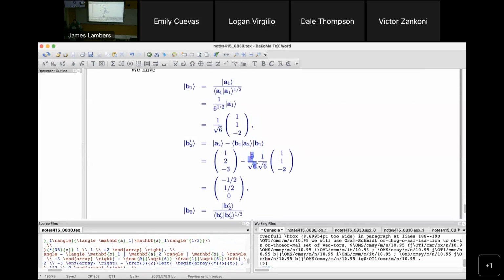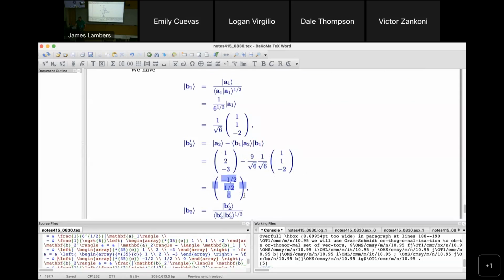This is the scalar product, a dot product of B1 and A2. And then this right here is B1 reproduced. Then I work out the algebra, the vector operations. And this is my vector that is orthogonal to B1, but it still has to be normalized. So I divide it by the square root of the dot product of it with itself.